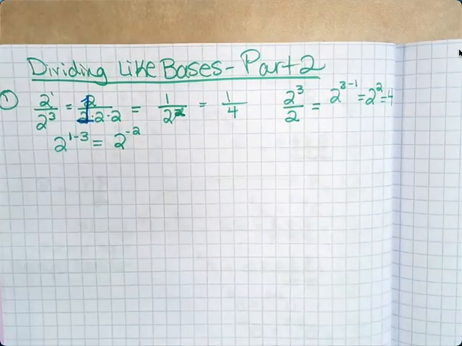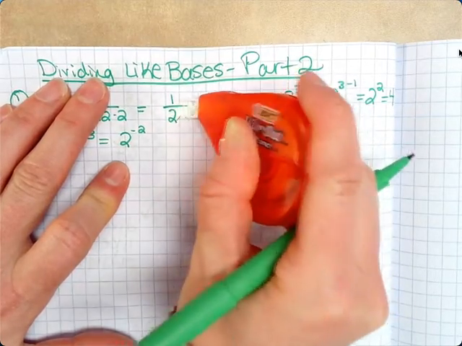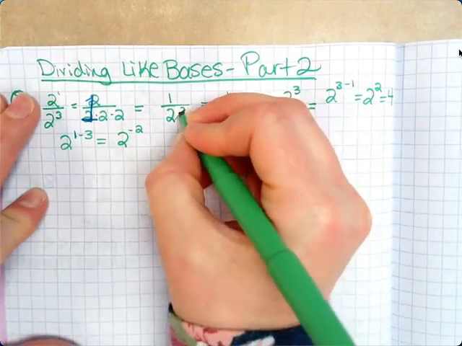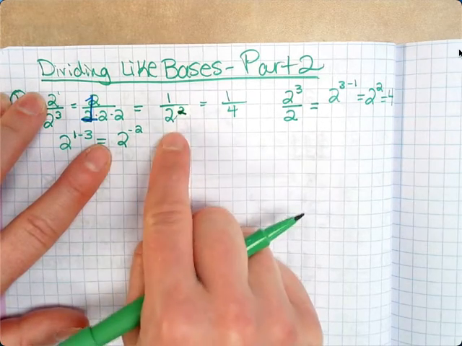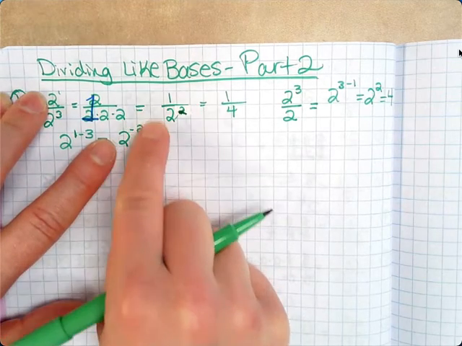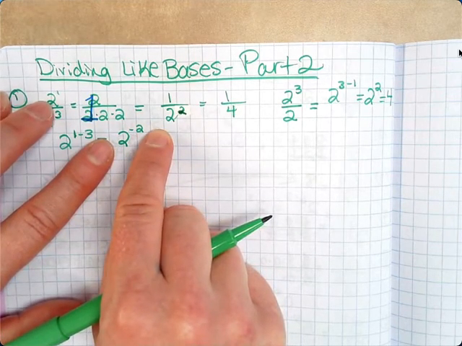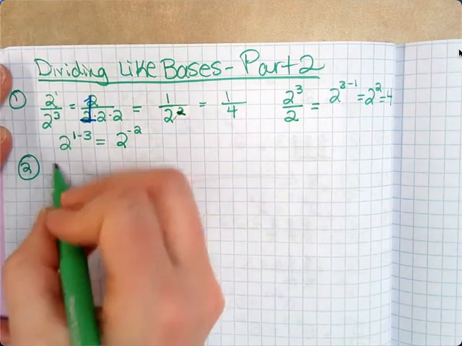Promise I didn't mean to. Handy dandy white out here. These are supposed to be the same. So there must be some kind of rule that says if you have a negative exponent, you take it to the bottom and make it positive. And there is.